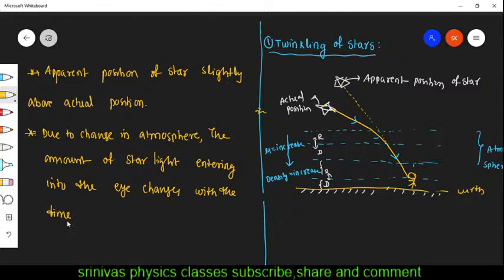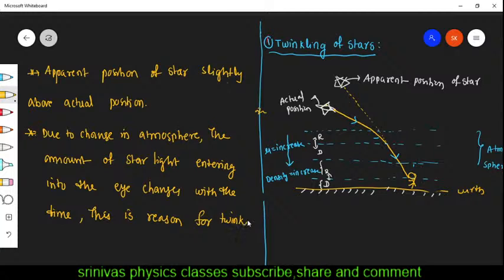If one time more light enters the eye, the star appears with more brightness. One time less light enters your eye, the star appears with less brightness. And this is the reason for twinkling of stars.